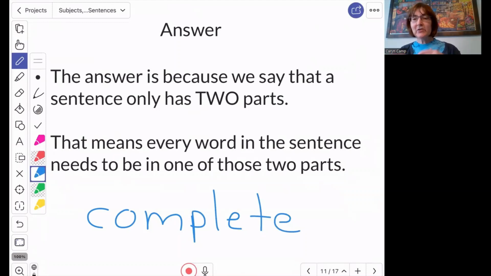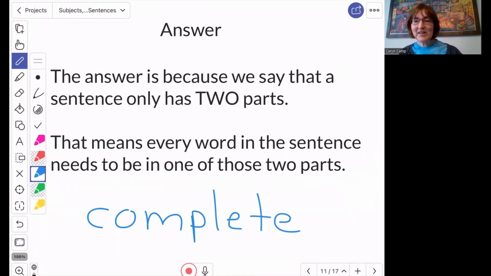It's talking about including everything. Like you see this jigsaw puzzle behind me? Well, it's complete because every single piece of the puzzle is there. If we got all done putting that puzzle together and we had one piece missing, then we would say the puzzle is not complete. It is incomplete. It is not quite finished.